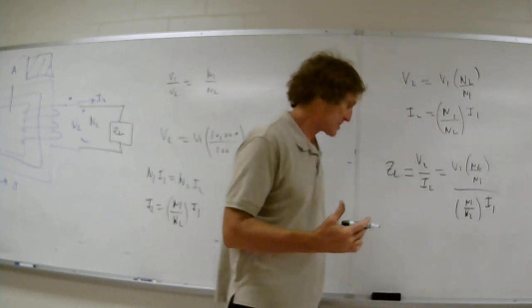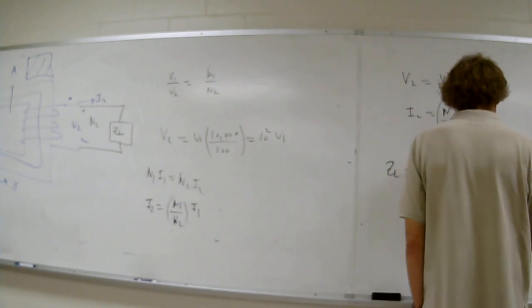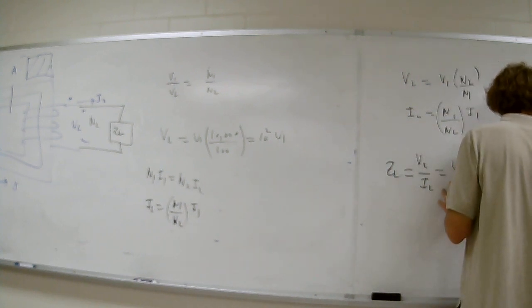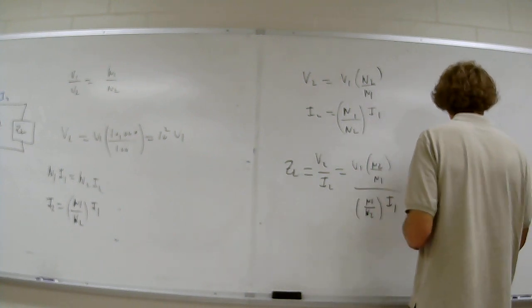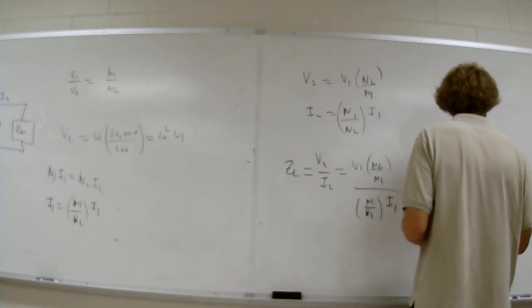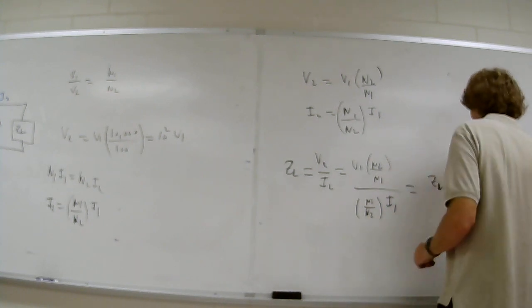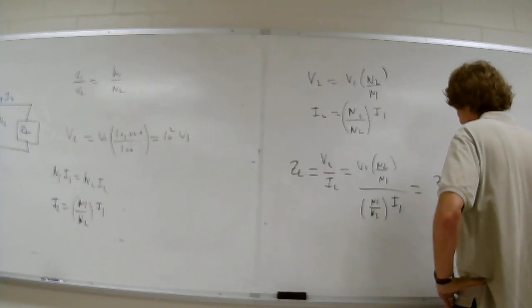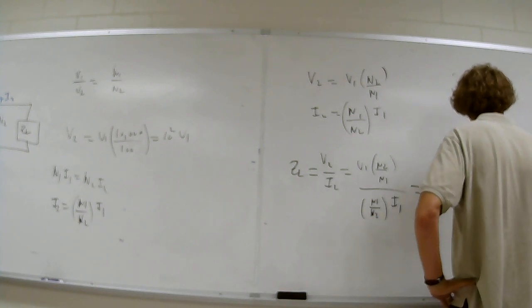Now I'm trying to show you the method, right? There's one thing that happens when you notice that the actual ZL right here is equal to, just flip this, N2 over N1 squared times V1 over I1, and that is what's called the reflected primary value.